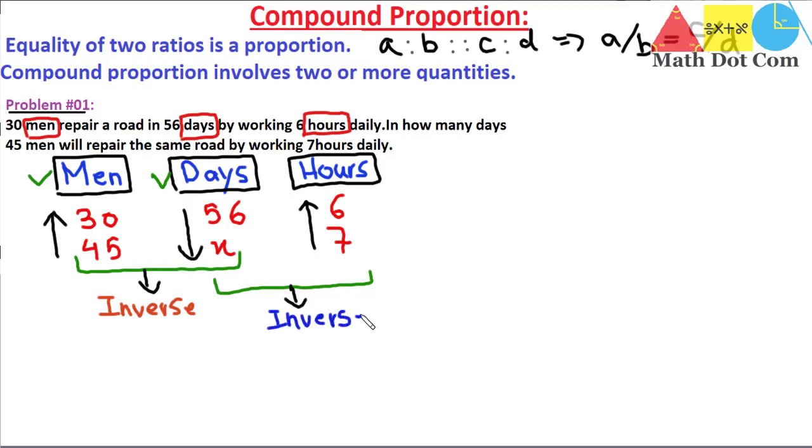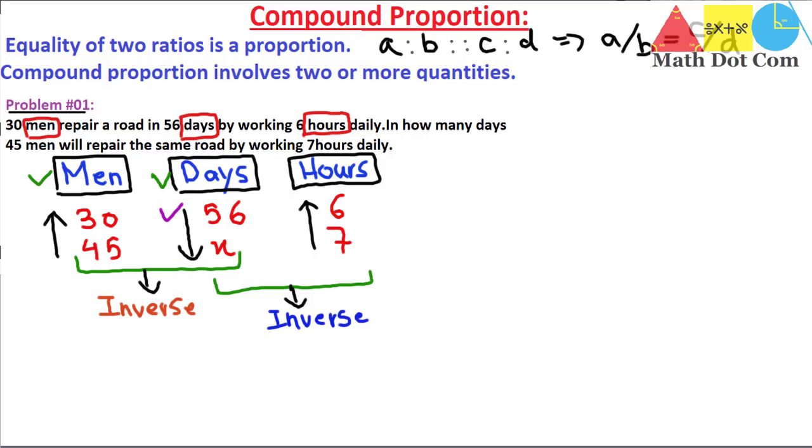Now how to write them? The next important thing is how to write them. We have to start writing from the unknown quantity. Days was the unknown quantity that we have to find. So we write from the days, and which value of days we write first, X or 56, depends on the arrow. You have to write the quantity that is at the tail of the arrow first.